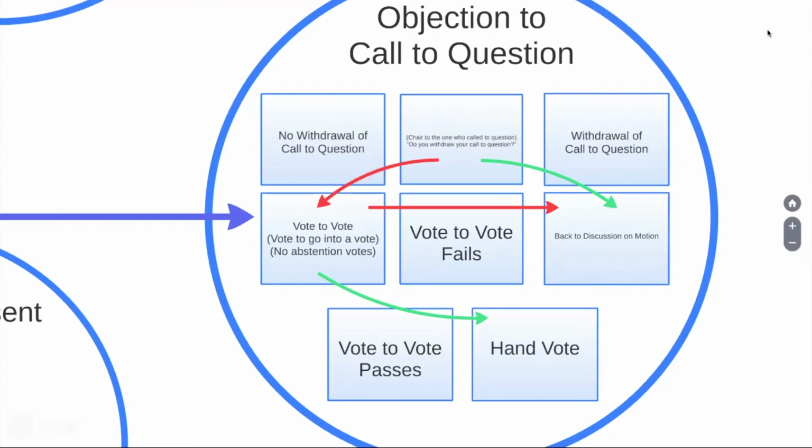If you have people voting yes and people voting no, in a vote to vote or a regular vote, literally counting the number of people that vote yes, no, and abstain allows your minute taker to record those votes.